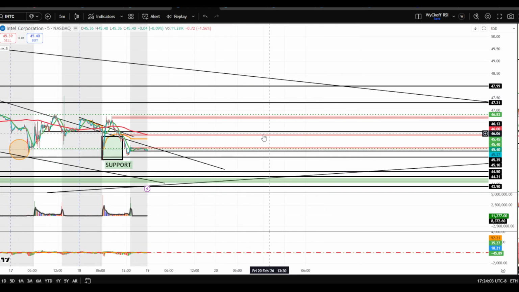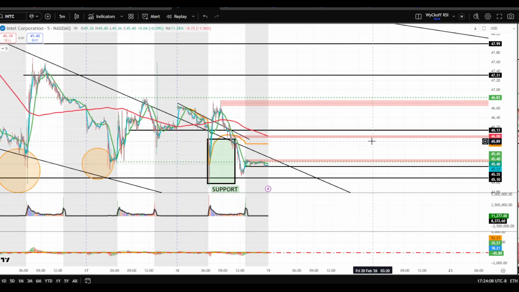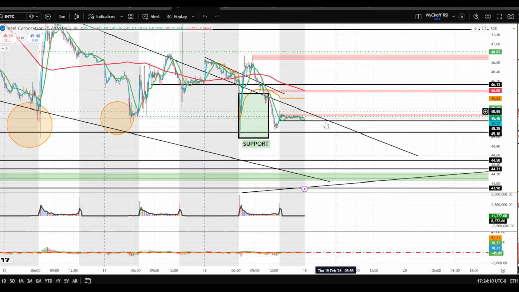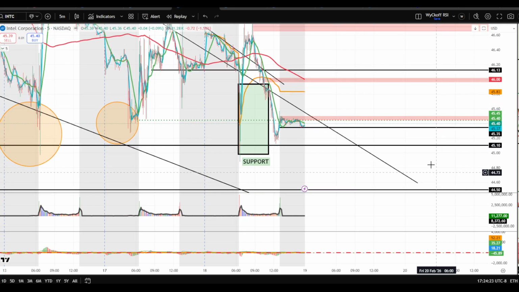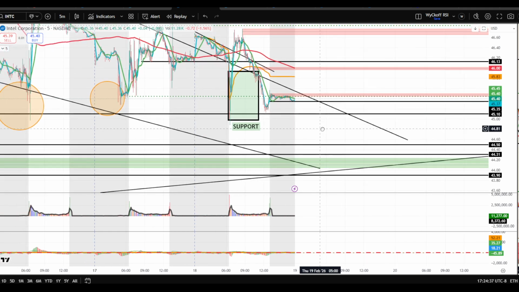But again, I want to emphasize why it's very important for us to look at strong areas of support and resistance, and trend lines that are being respected, as well as incorporating the moving averages, so we can get a bigger picture of what could possibly happen. We're not into trying to predict and forecast, because the market can do and will do whatever it wants to do.